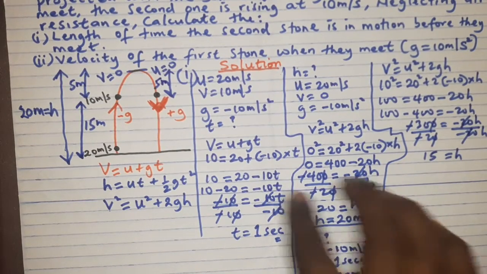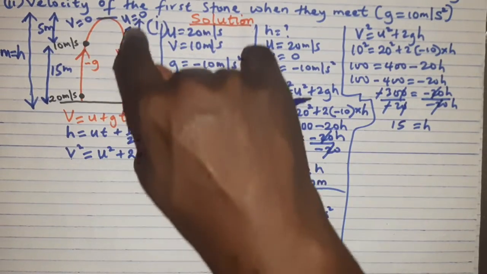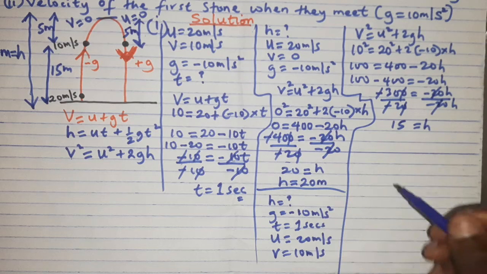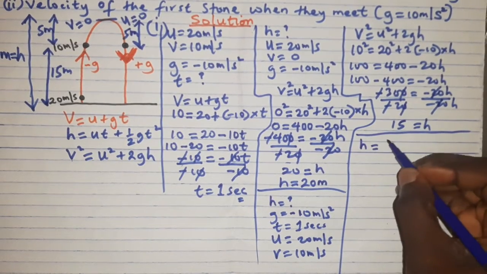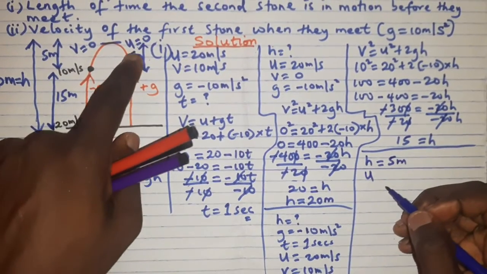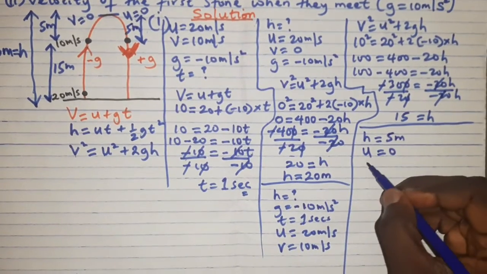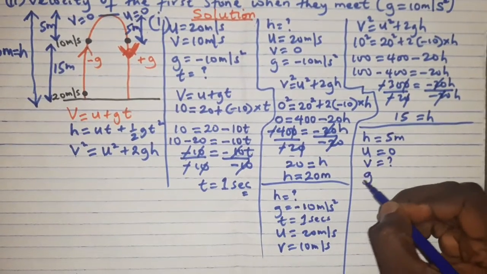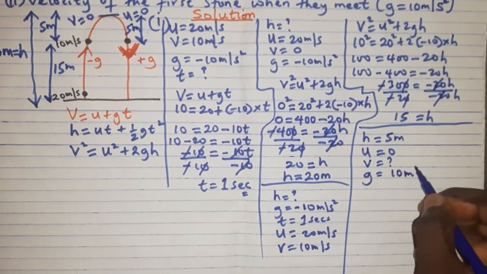So we can now calculate the speed of the first stone, since we now know the distance it has covered while coming down. So for the first stone now, our h is 5 meters. The initial velocity while coming down, I told you, will be 0. Then the final is what we're looking for, and our g will still be plus 10 meters per second square.